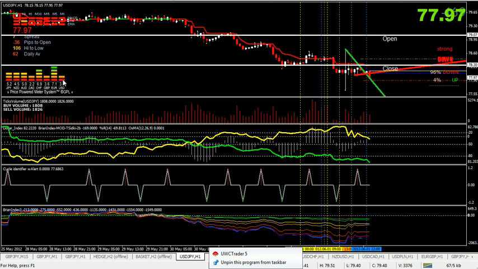So long on the Australian dollar, short on the JPY, because look, the JPY is nearly up at its top height of strength. It's likely to fall, and the Australian dollar is likely to rise. If the Australian dollar was 8, you would sell, and if the JPY was 7, you'd buy.